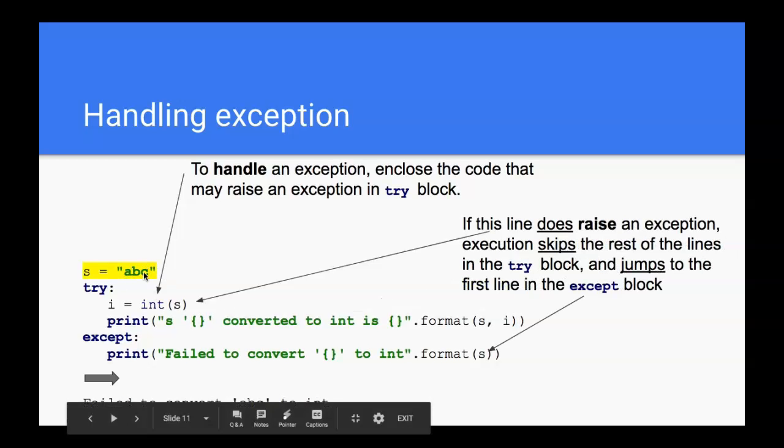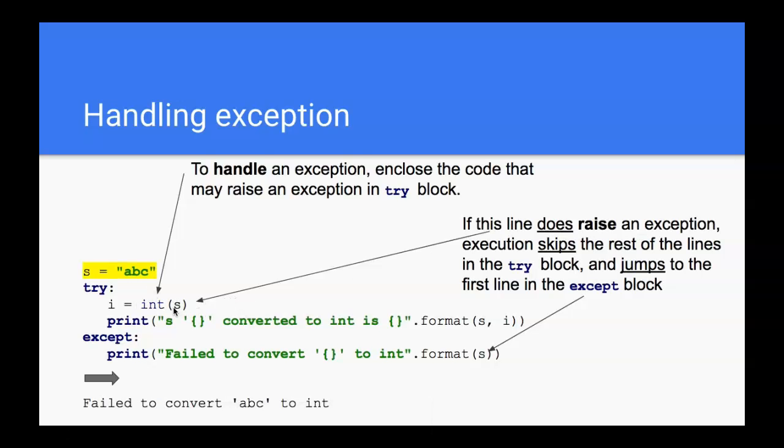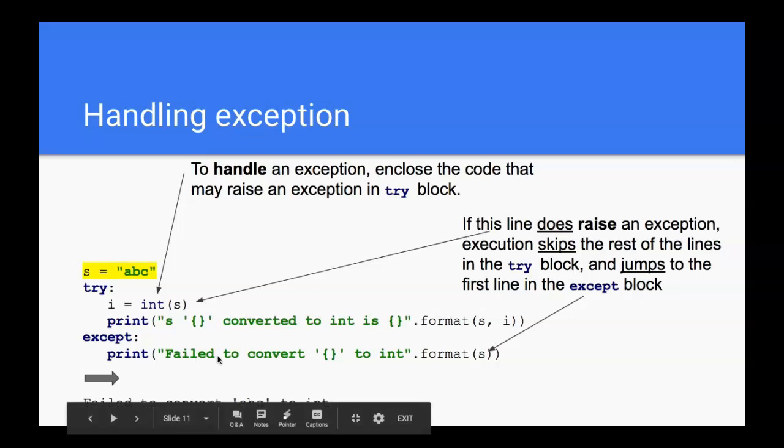If, on the other hand, the line of code raises an exception, then it immediately skips everything after the line that raised the exception. So it skips this, successfully converted to int, so we don't see this line. Immediately it jumps to the first line in except, and then the execution picks up from there. Okay.